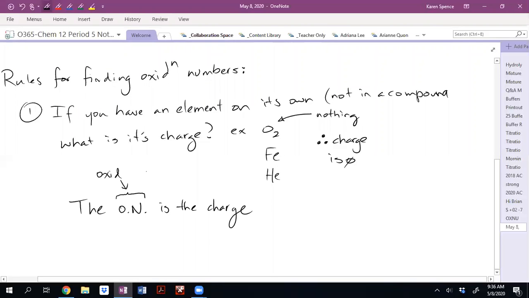So any element on its own has an oxidation number of 0.